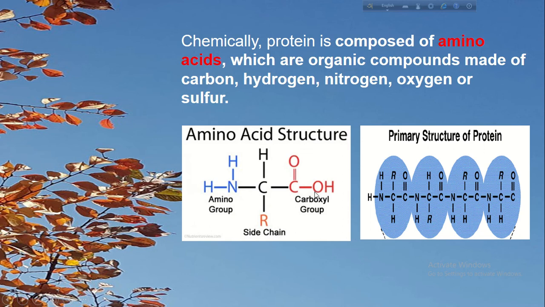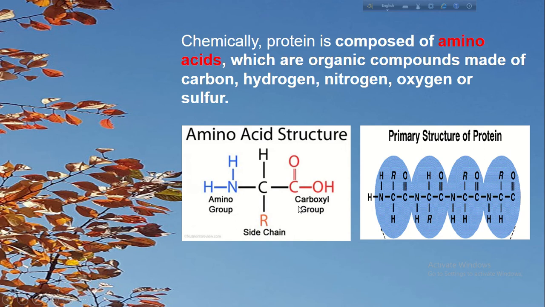Previously you learned that carbohydrates are composed of three fundamental elements: carbon, hydrogen and oxygen. But protein has four fundamental elements: carbon, hydrogen, oxygen and nitrogen, and protein contains 16% nitrogen.